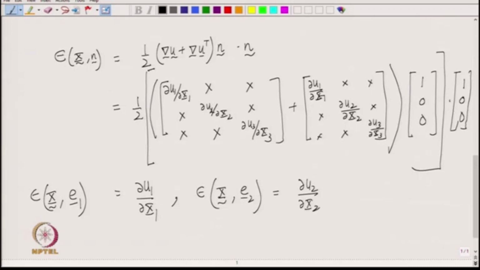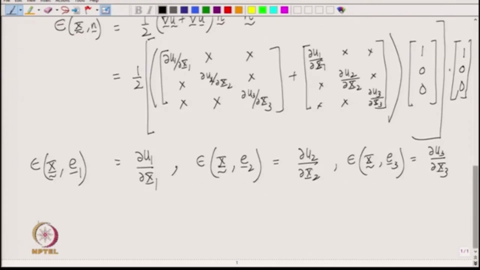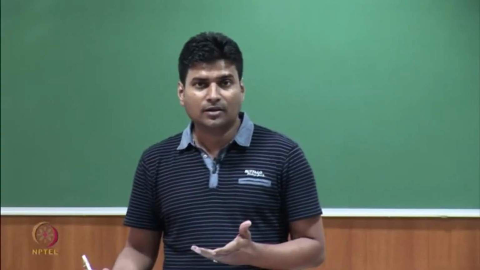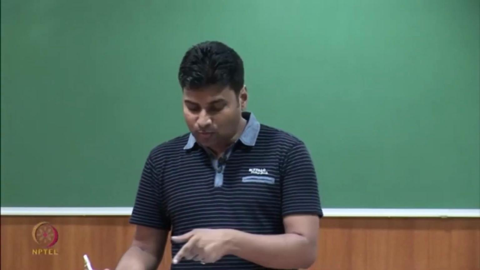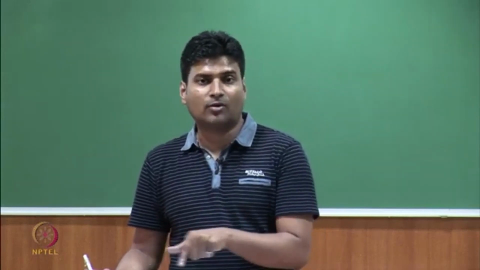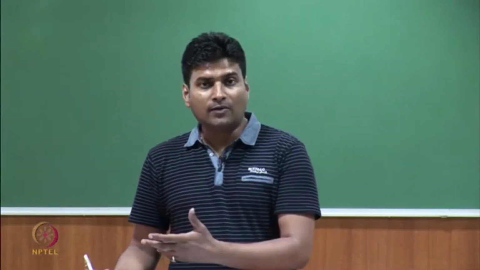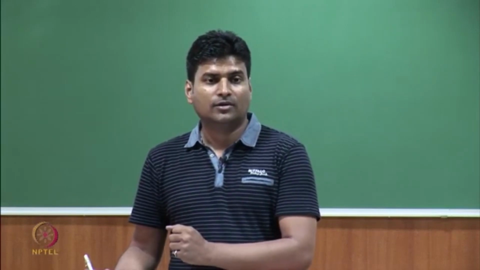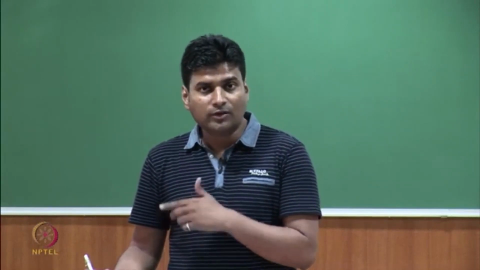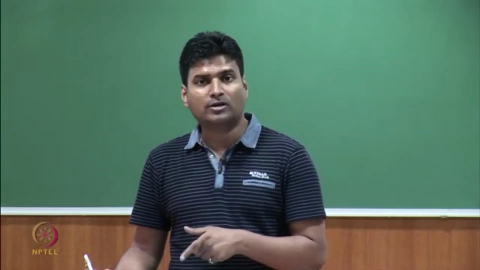You work out the whole matrix times vector, you get this formula, and likewise for epsilon at a point x, but for E 3 turns out to be del u 3 by del x 3. Okay. And for any general direction, you have to then put the value for n in this matrix formula, whatever is the n for the general direction. But for the directions along E 1, E 2, E 3, the expressions become quite simple.